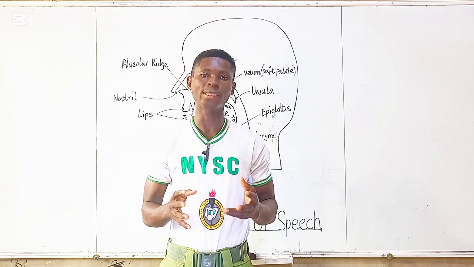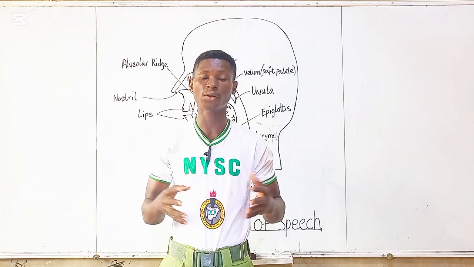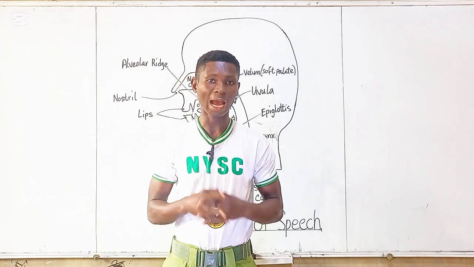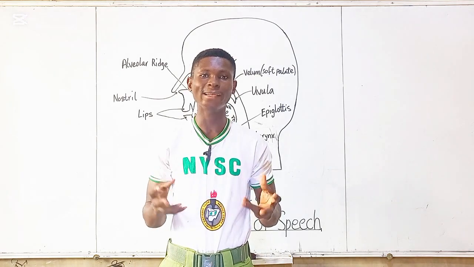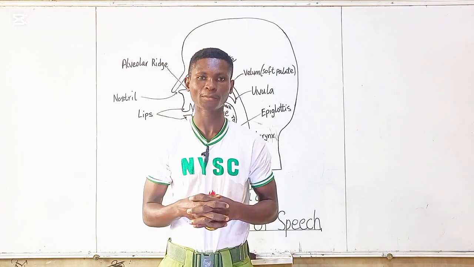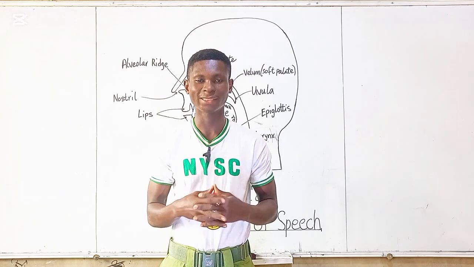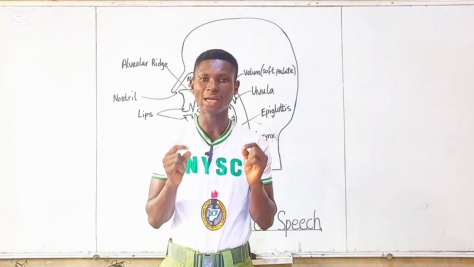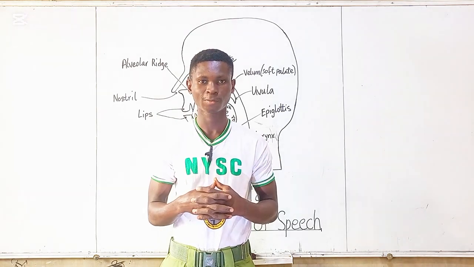Before we go into the consonant sounds of the English language, that's the 24 consonant sounds, I would like us to understand the organs of speech. Reason being that we have certain organs in the mouth that enable us to speak fluently and eloquently.